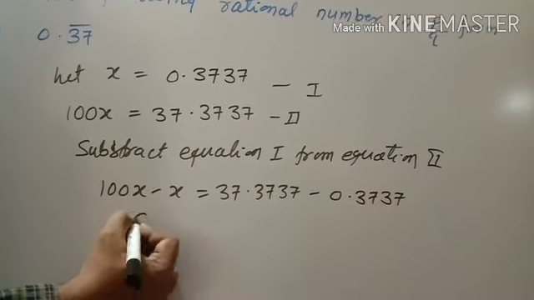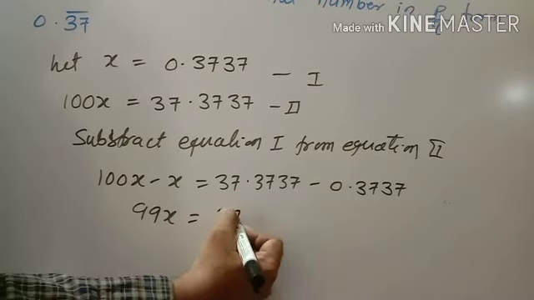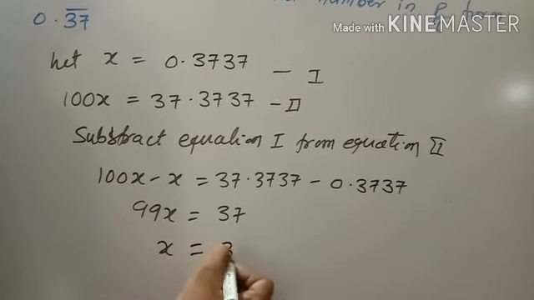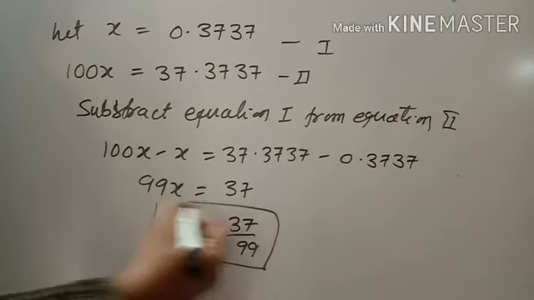So 99x is equal to 37. So x is equal to what? 37 upon 99. So it is in the form of P upon Q.